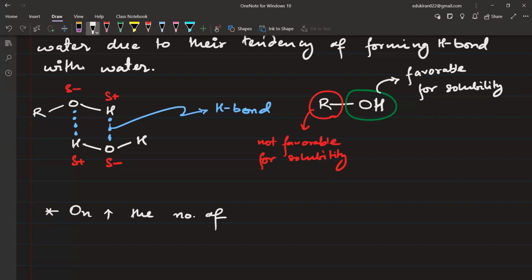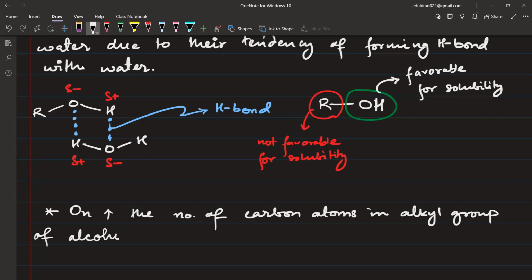Was it not logical? You understood this part, yes or no?